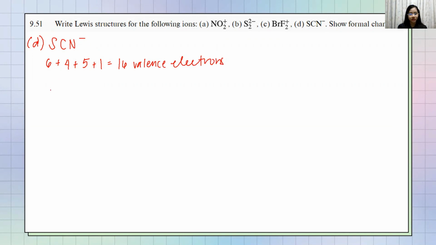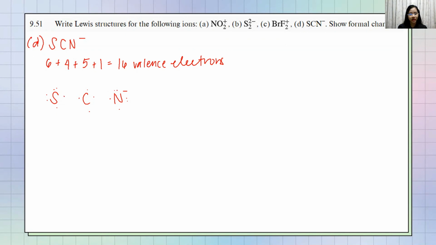So you can draw the Lewis structure S, C, N, and we put the negative on nitrogen because nitrogen is more electronegative than sulfur. So the valence electron of S is 6, 1, 2, 3, 4, 5, 6. Carbon is 4. And nitrogen is 5. Since we have a negative charge here, we add 1.